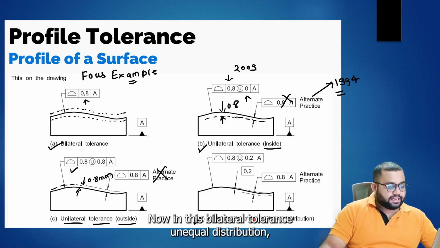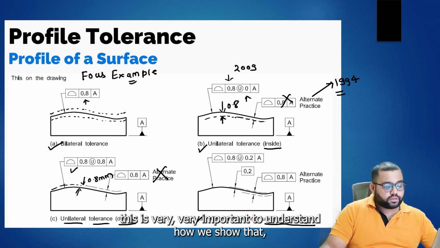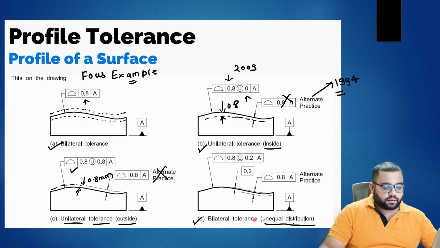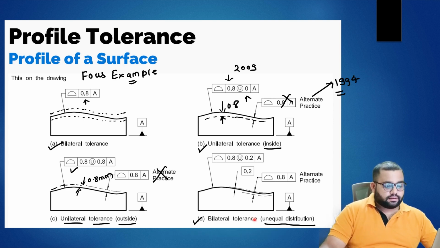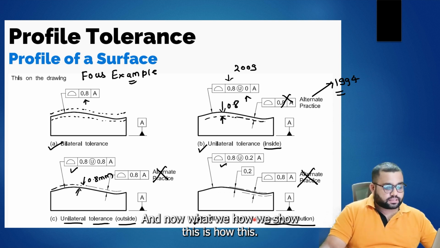Now, in this bilateral tolerance unequal distribution, it is very, very important to understand how we show the unequal distribution. Previously we showed it like this with two phantom lines, but this practice has been deleted. Now this is how we show it.